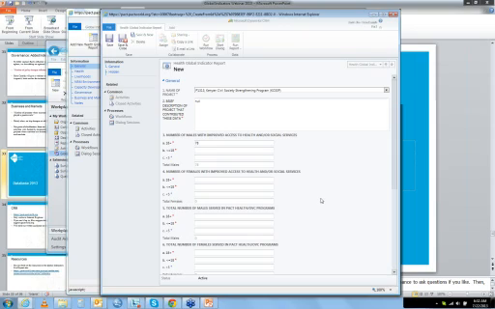This should be pretty straightforward, but I just want to highlight that as I enter numbers into the boxes, you get a total number here, and this is the total of these three things. So this number is going to be the total number of males that are reported as having improved access to health or social service, and the same with this here.